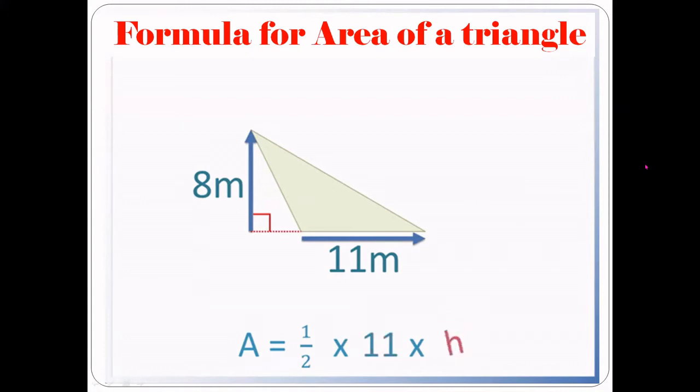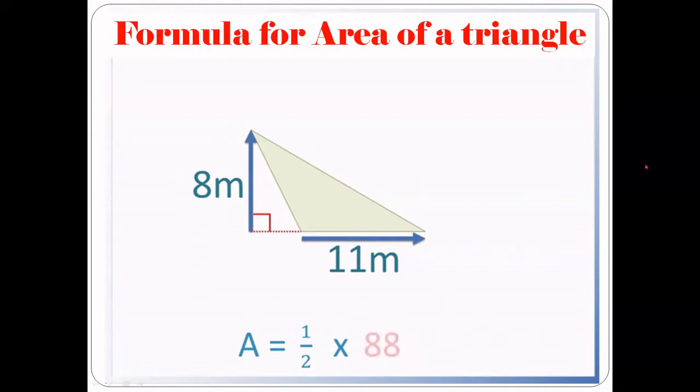So if you know a certain formula, you can substitute values for each variable. In this triangle, base is 11. So you can substitute. Let's see again. Half into base into height. Substitute 11 for B. This way, substitute 8 for H. So half into 11 into 8.